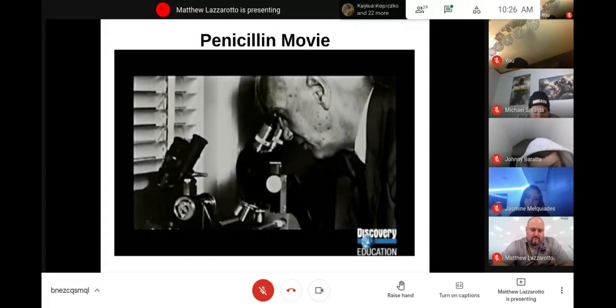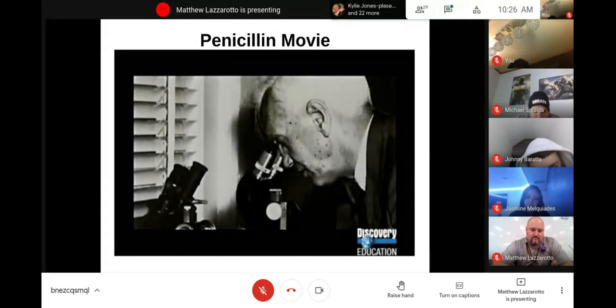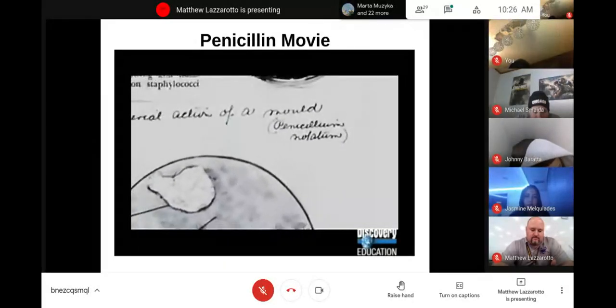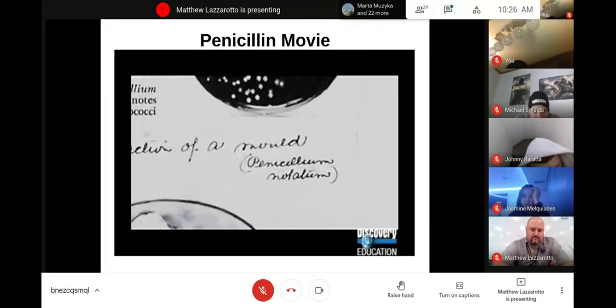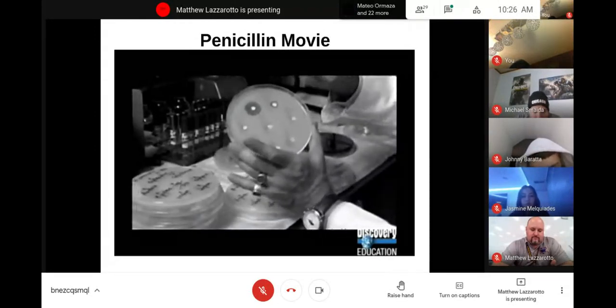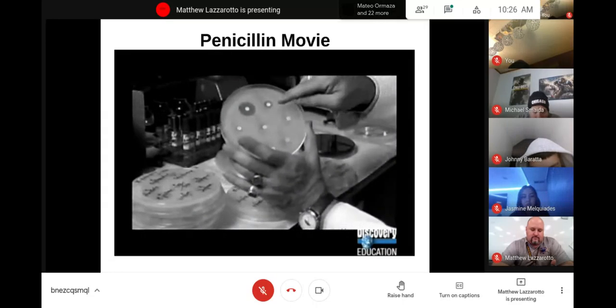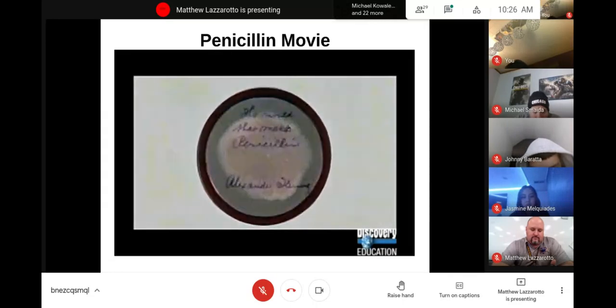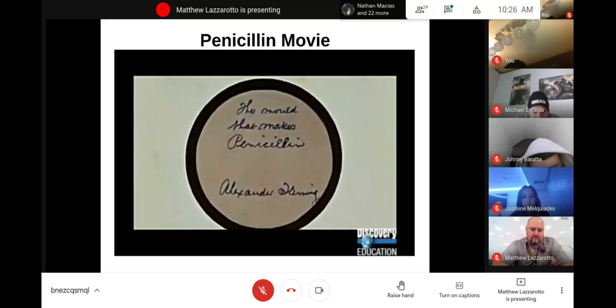While studying Staphylococcus bacteria, Fleming noticed something unusual growing in the culture dish, a mold, Penicillium notatum. He saw that the bacteria surrounding the mold had died off, which led him to speculate the mold was producing a substance that was lethal to the bacteria. He named the substance penicillin.